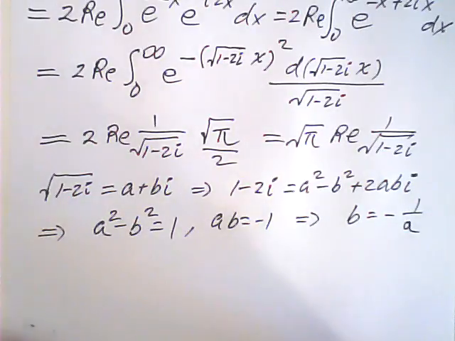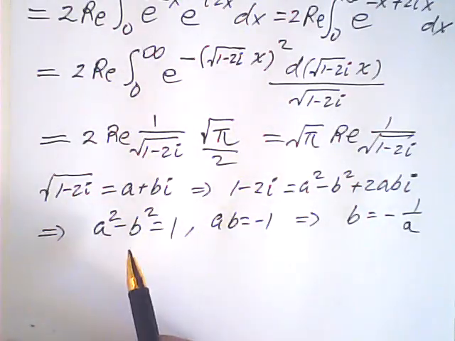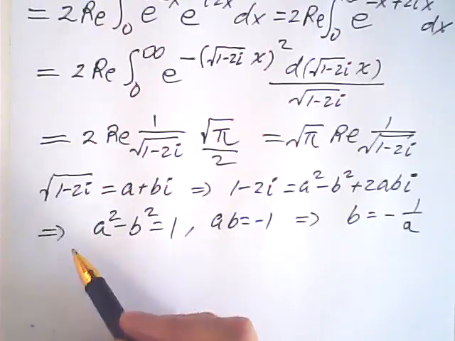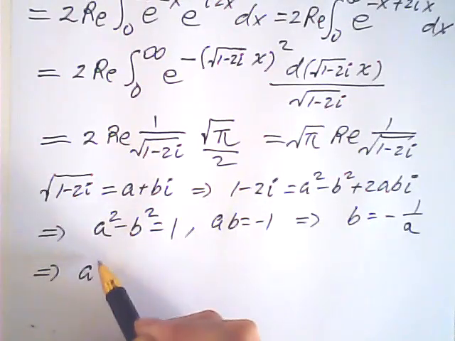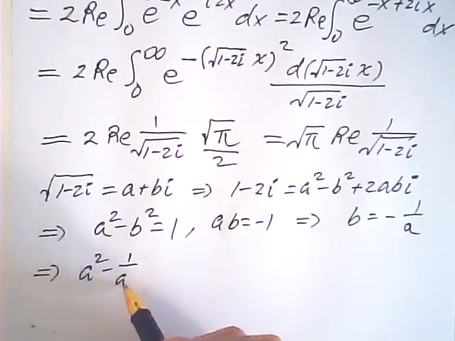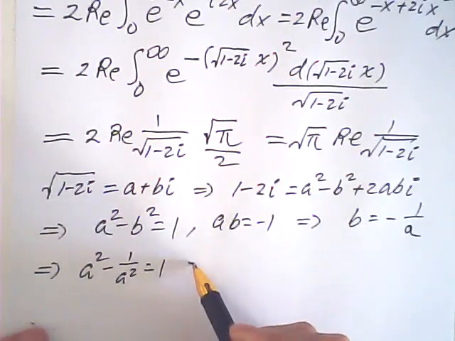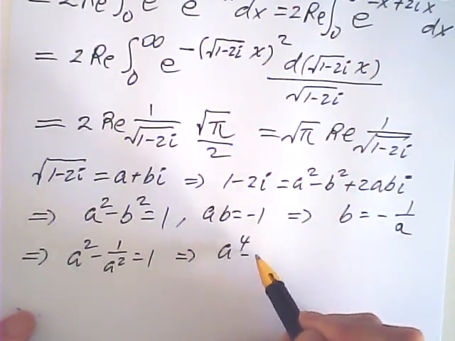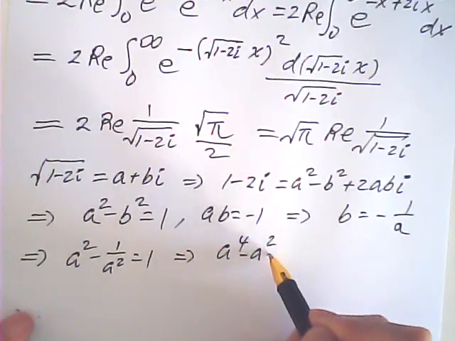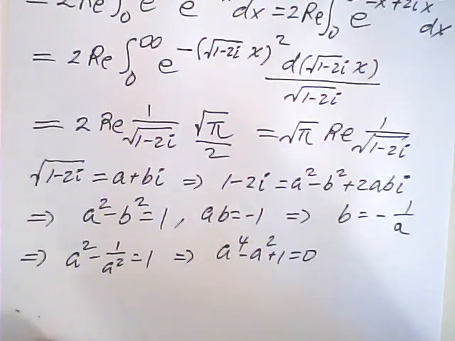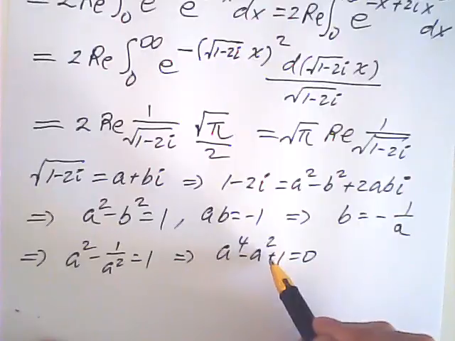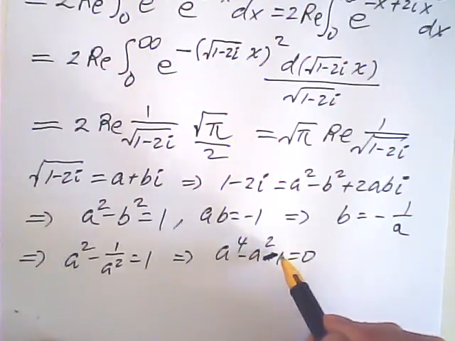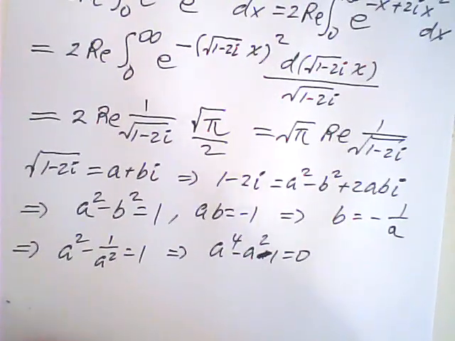These are just obvious calculations. Then put this in here: a squared minus 1 over a squared equal to 1. So we have a to the fourth minus a squared minus 1 equal to 0. Minus 1, sorry, minus 1.